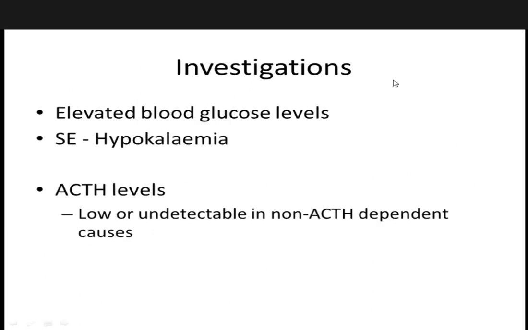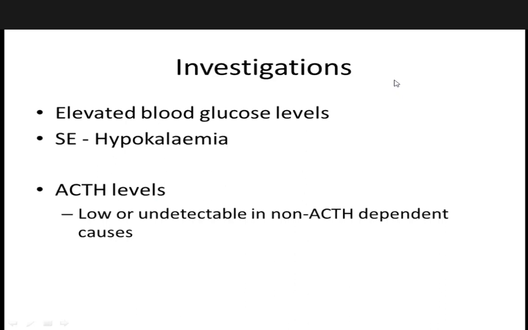Right. So when you have a patient with suspected Cushing's, when you do random blood sugar or fasting blood sugar or glycosylated hemoglobin levels, they will have elevated blood glucose levels. In addition, when you do the serum electrolytes, they will have hypokalemia. So these patients will not come and tell you that they have Cushing syndrome.